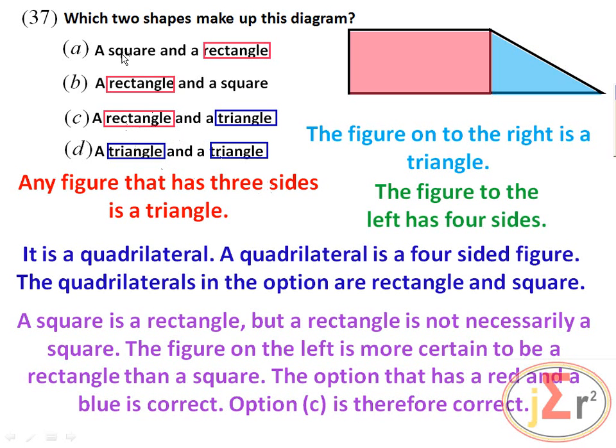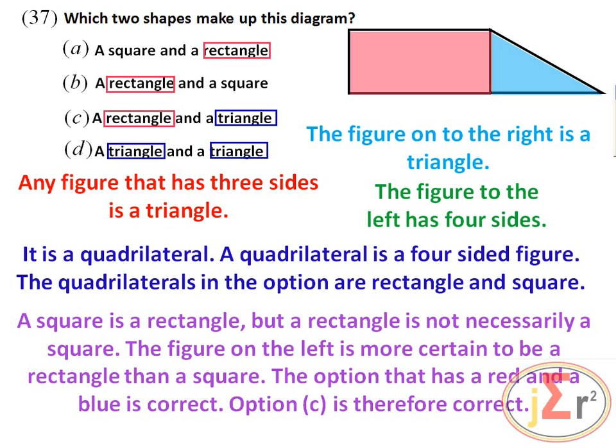And we will find square in option A and option B. And of course, we have highlighted all of the occurrences of rectangle. A square is a rectangle, but a rectangle is not necessarily a square. The figure on the left is more certain to be a rectangle than a square.